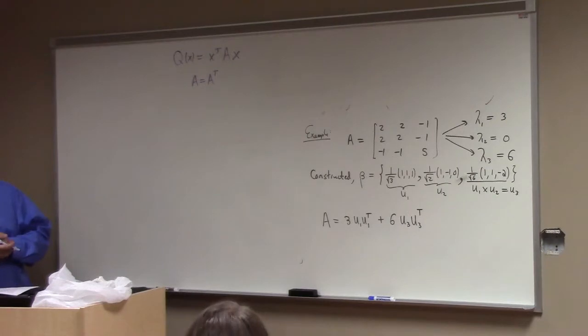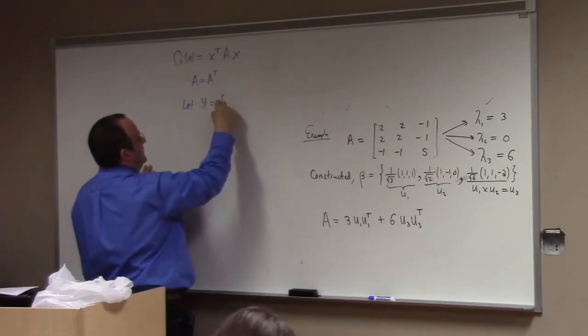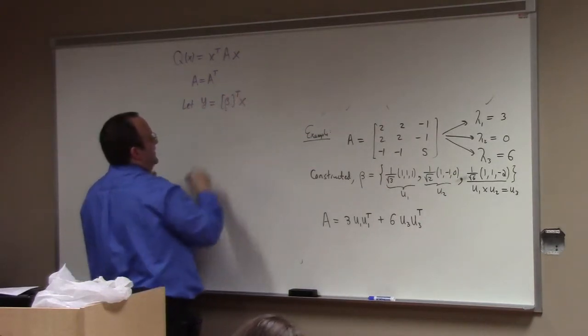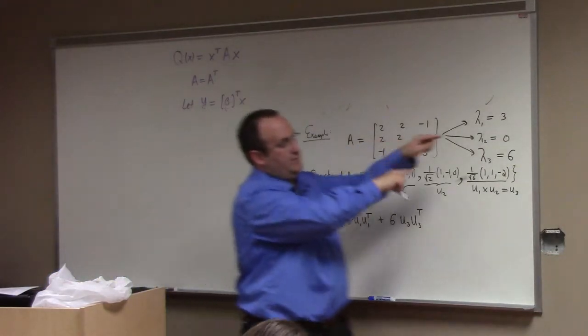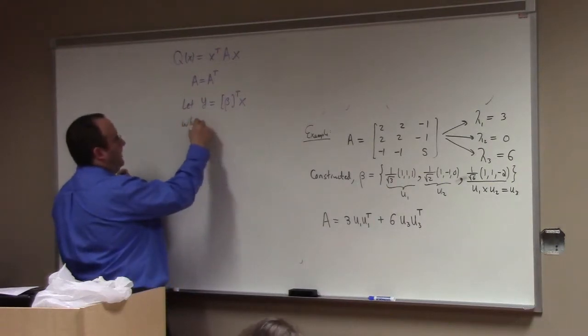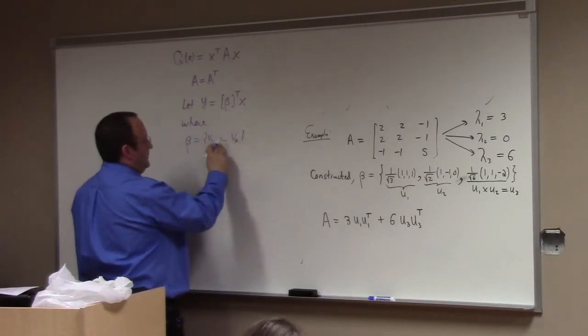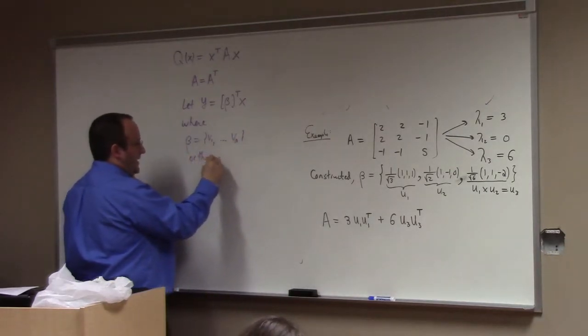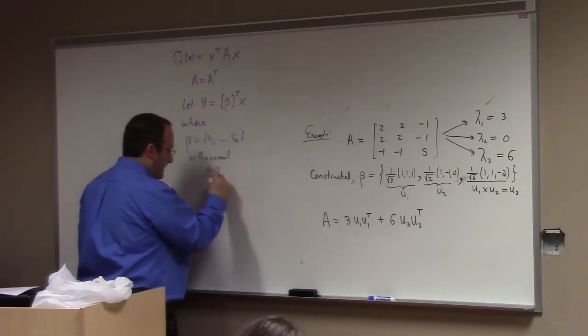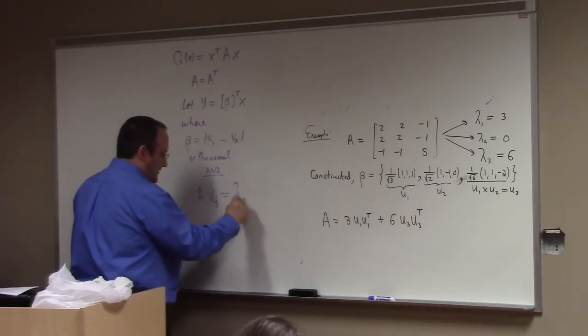So let's change this formula. Let's make this formula in terms of y instead of x. So, let y equal to beta transpose times x, where, again, I'm assuming beta, v1 through vn, is an orthonormal basis, and A times vj is equal to lambda j vj.